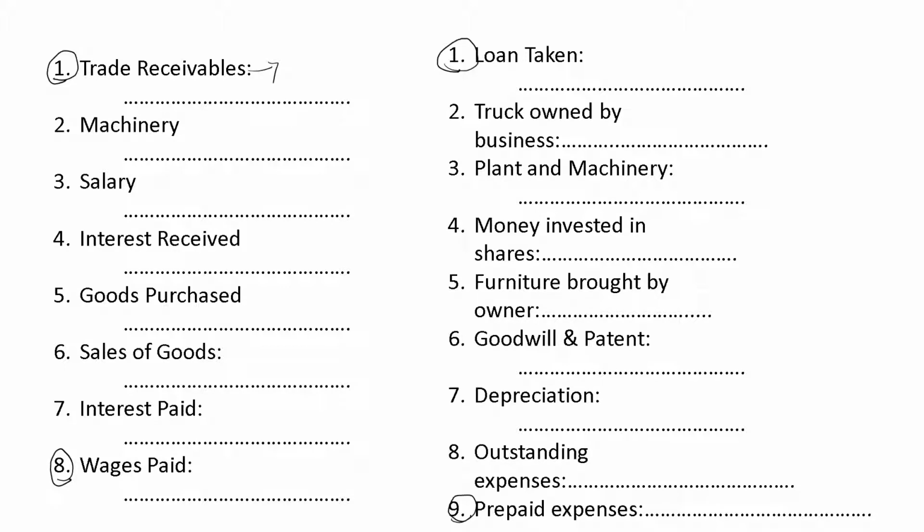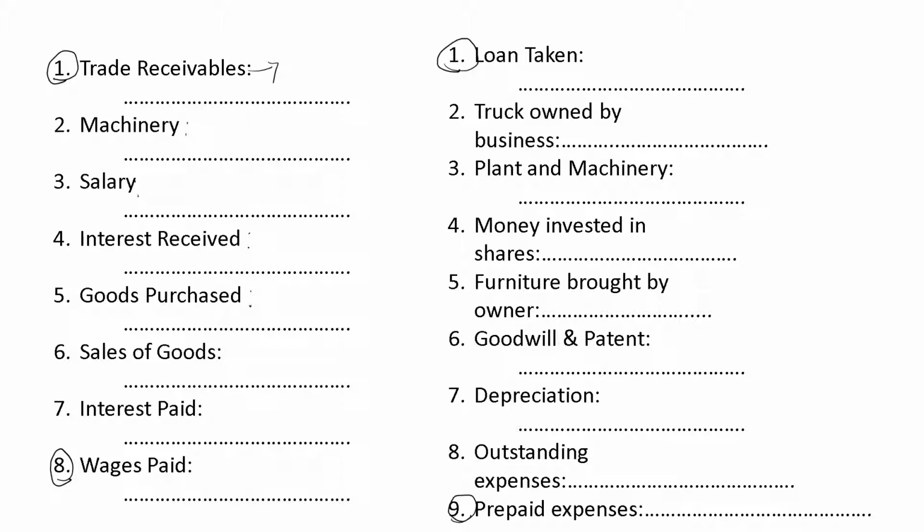For example, capital, liability, revenue, gain. Under which category does trade receivables come? And then machinery, salary, interest received, goods purchased, sales of the goods, interest paid, and wages paid. And in list number 2: loan taken, truck owned by business, plant and machinery, money invested in the shares, furniture bought by owner, goodwill and patent, depreciation, outstanding expenses and prepaid expenses.